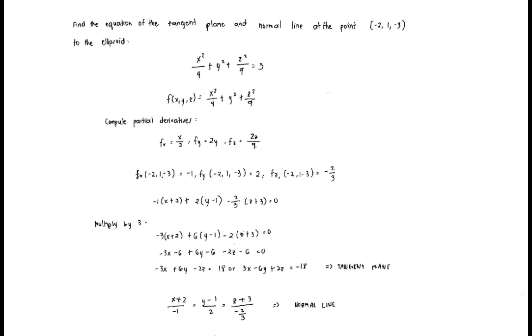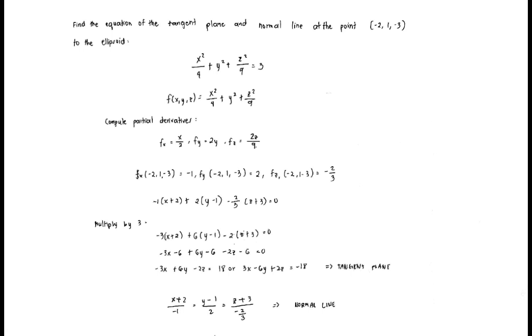Negative 3x plus 6 plus 6y minus 6 minus 2z minus 6 equals 0. And we combine the like terms. We now have negative 3x plus 6y minus 2z equals 18, or we can have 3x minus 6y plus 2z equals negative 18.